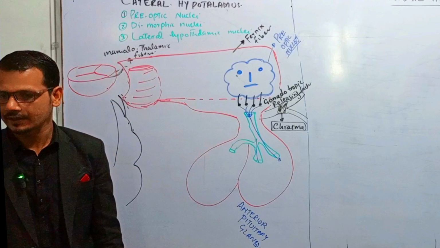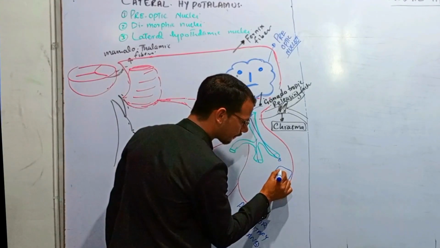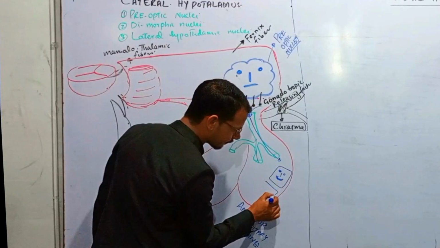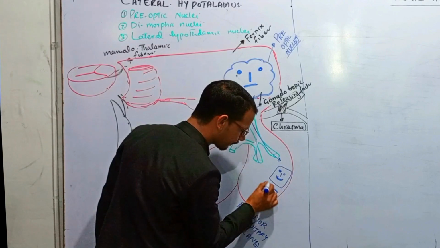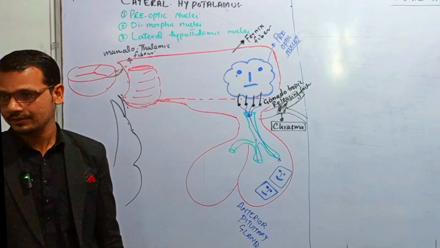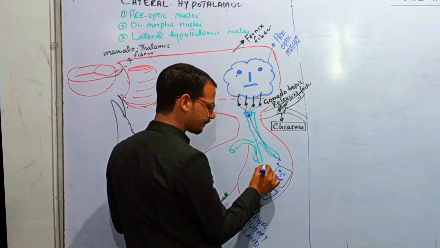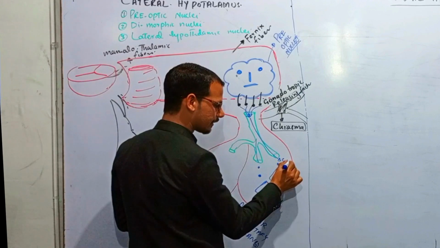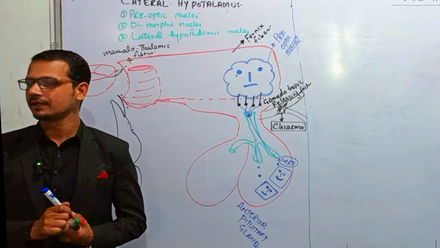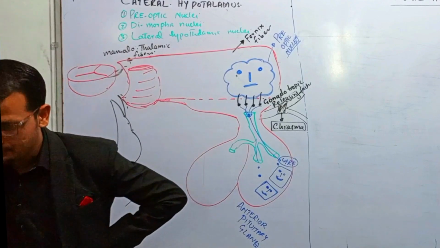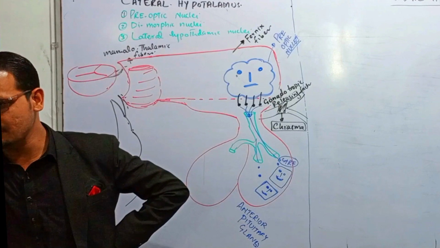gland, right? Here special cells are present in this anterior pituitary gland. By the response to these gonadotrophin releasing factors, it will form the sex hormones, FSH, follicle stimulating hormone, and luteinizing hormone in females, right?